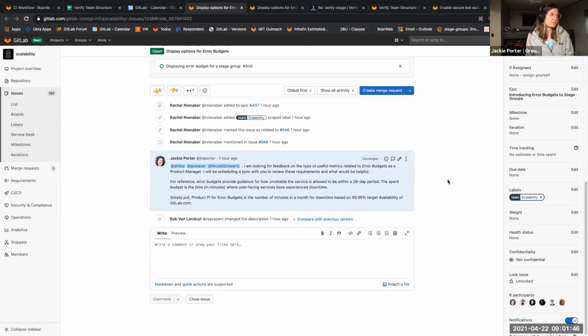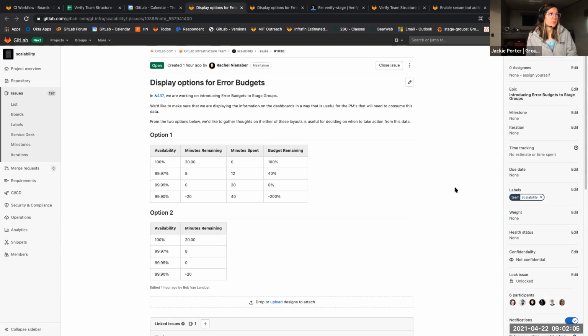First off, our application of error budgets will be based off of 99.95 target availability in a 28-day period, and we'll have 20 minutes of budget, which could be different depending on the stage. And we have two proposals for this view.